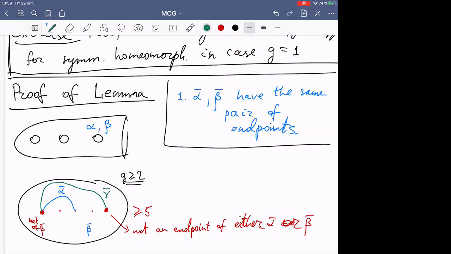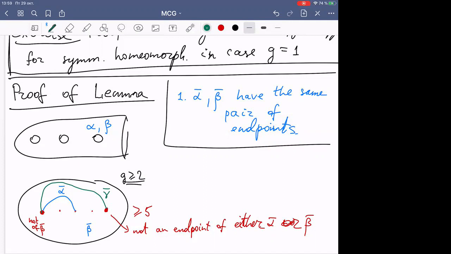I would like to denote it by gamma bar. Let us connect the endpoint of alpha bar, which is not the endpoint of beta bar, with the point which is not an endpoint of either alpha bar or beta bar.